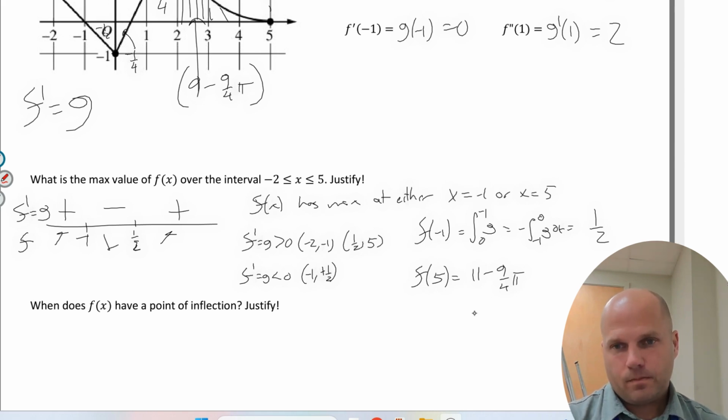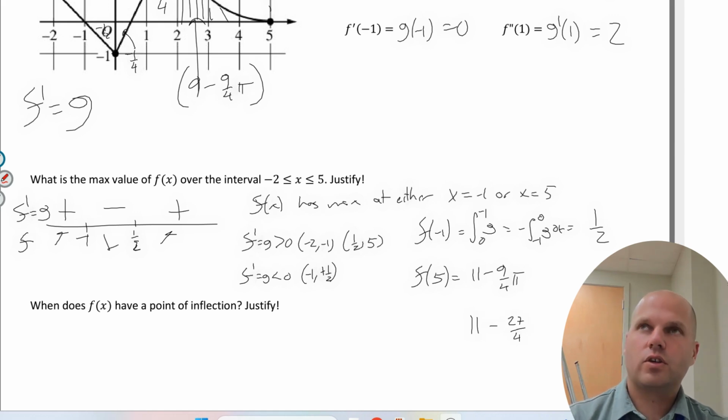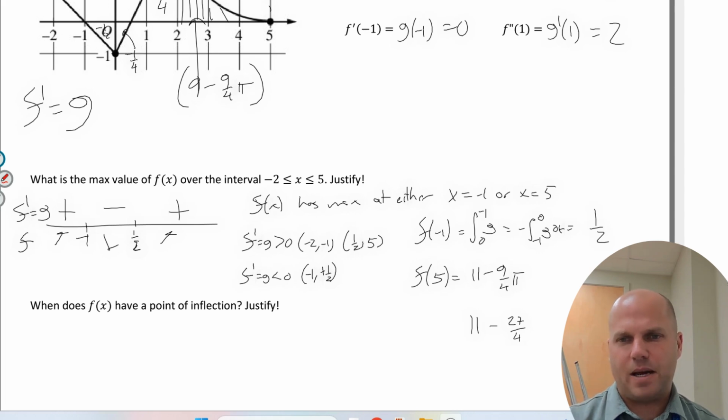Well, let's assume we're subtracting pi, which is around 3. You got 27/4. 4 goes into 27 almost 8 times. 7 times. So it's almost like it's 11 minus 7.